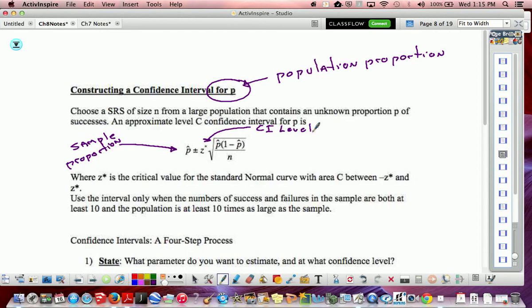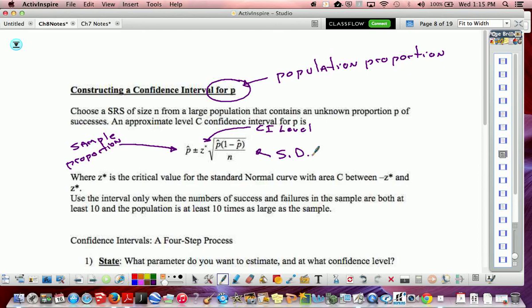Now, the last part is the standard deviation, and it's the standard deviation for a proportion, which is the square root of P(1 minus P) over N. But notice in this formula, we're not using P, the population proportion, because we don't know it. You actually have to use P hat in place of P, since that's the statistic you will actually have.